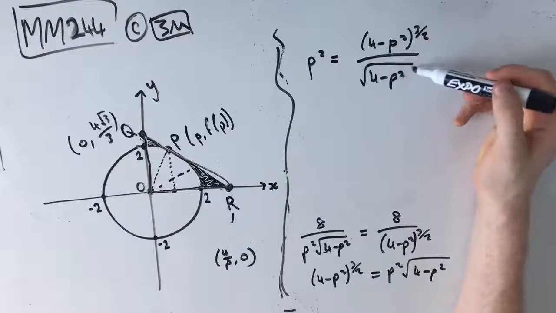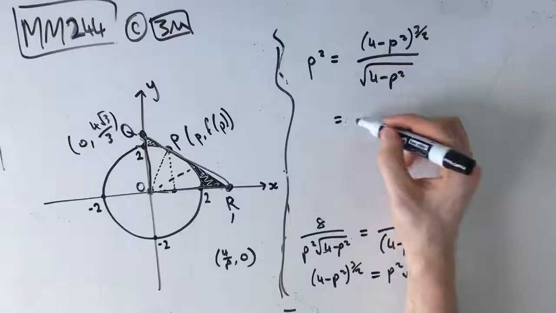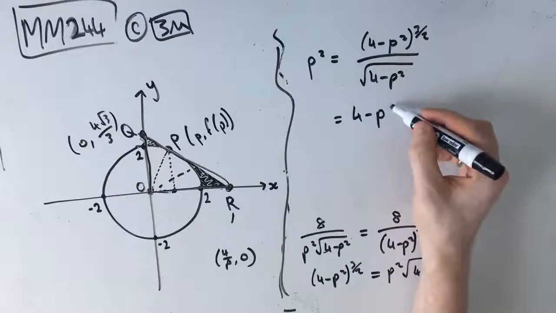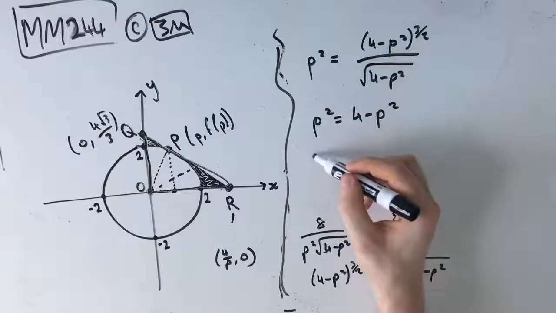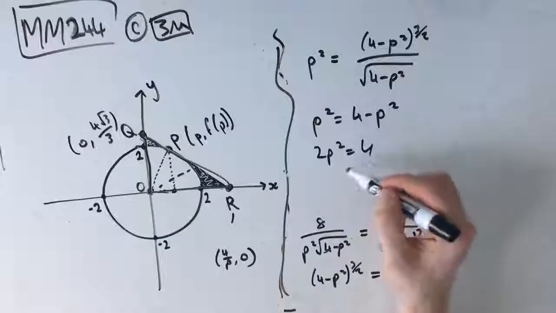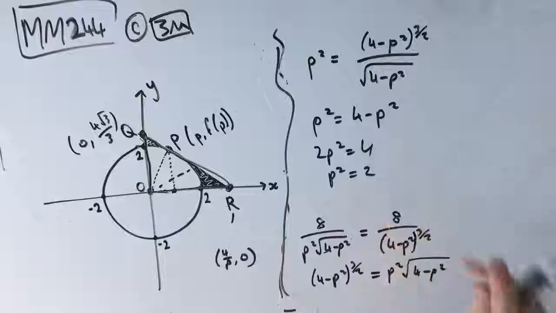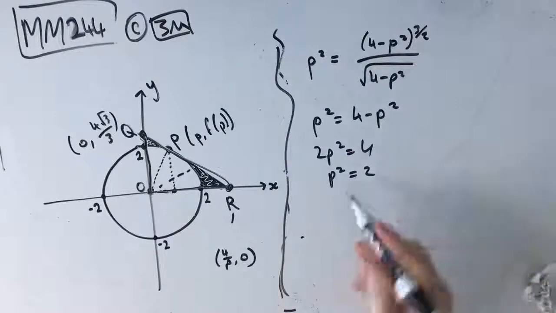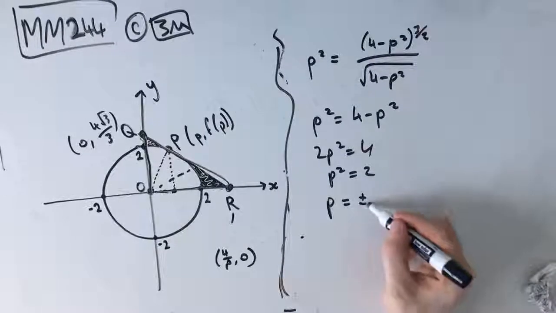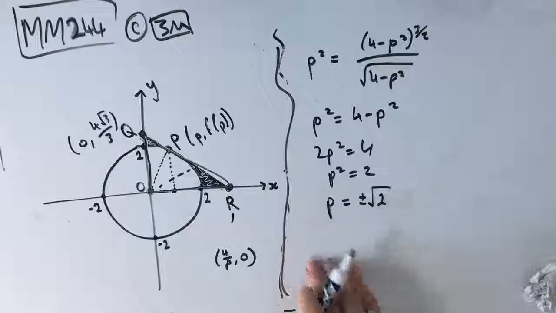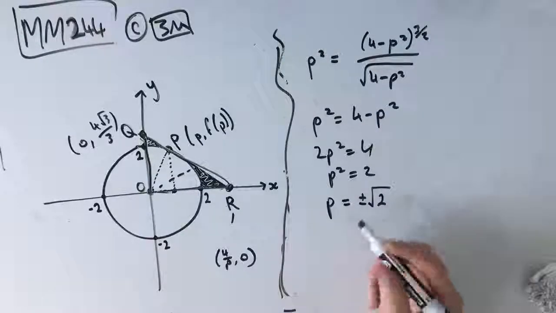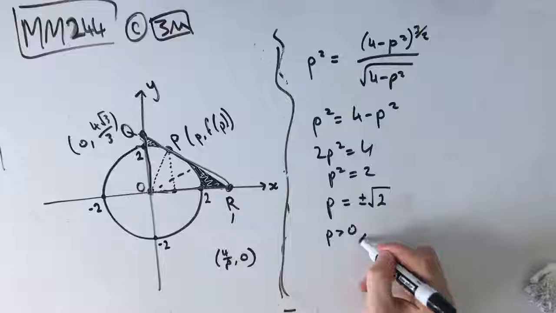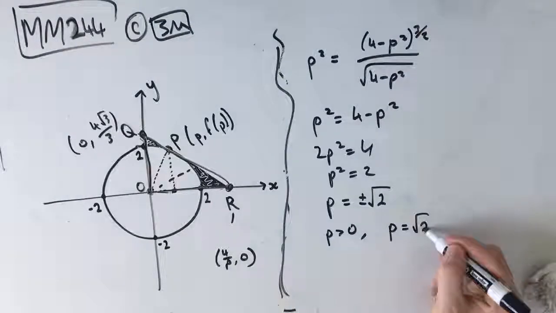This is 4 take p squared to the power of 1 on 2. They cancel to give us 4 take p squared. From here we get 2p squared equals 4, p squared equals 2. So therefore p is equal to plus or minus square root of 2. But because p has to be greater than 0, p is equal to root 2.